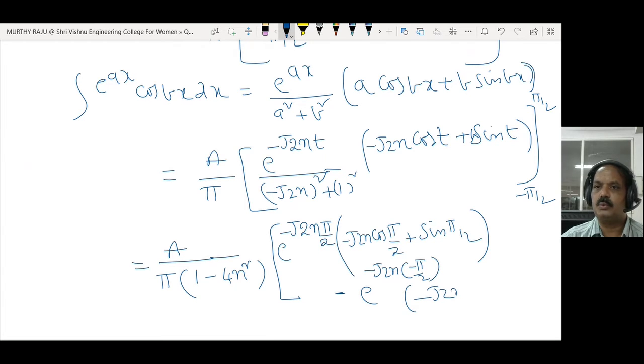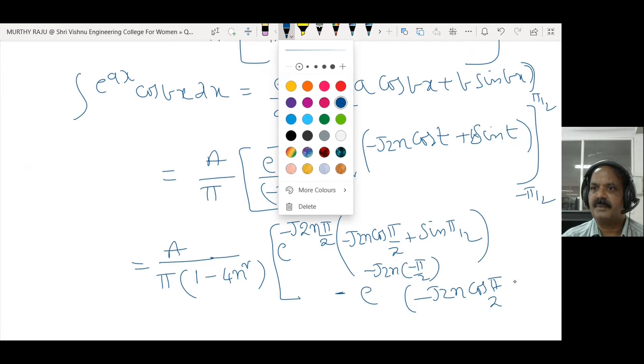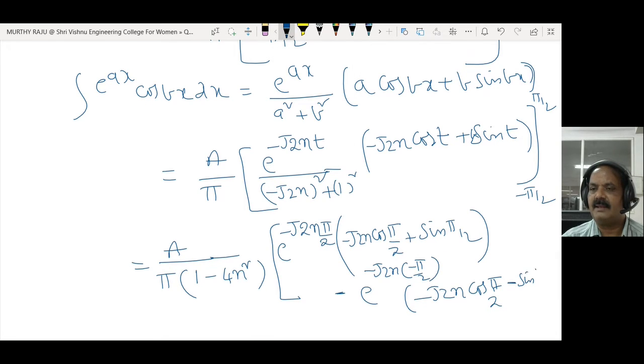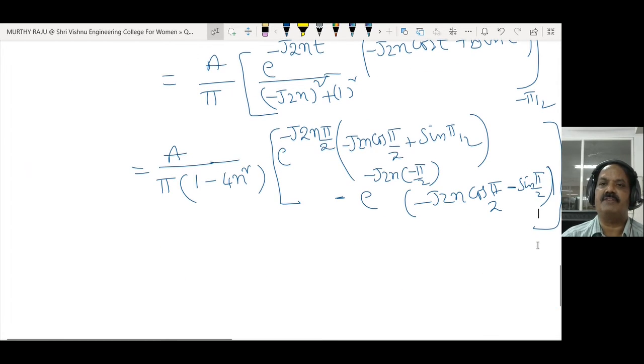Cos of minus pi by 2 is cos pi by 2, and sin of minus pi by 2 is minus sin pi by 2.